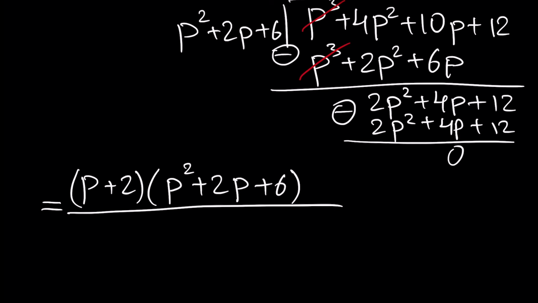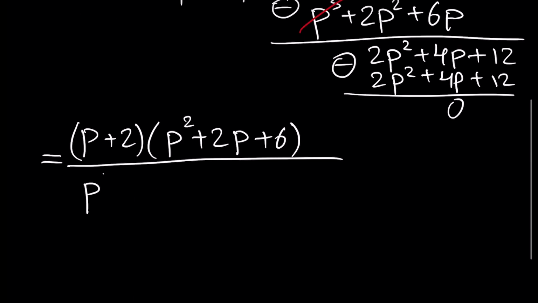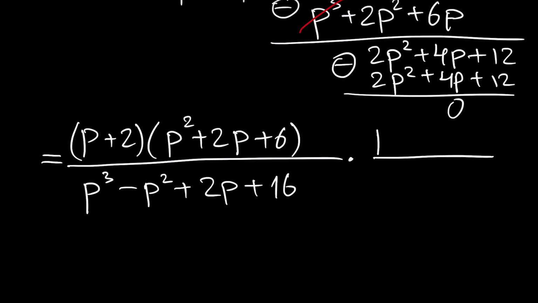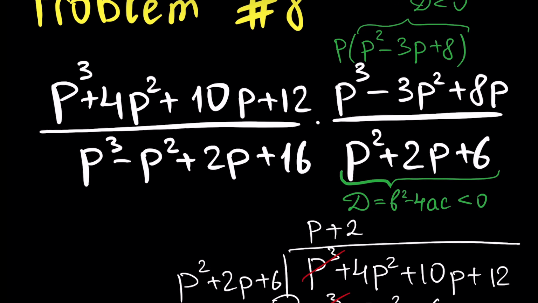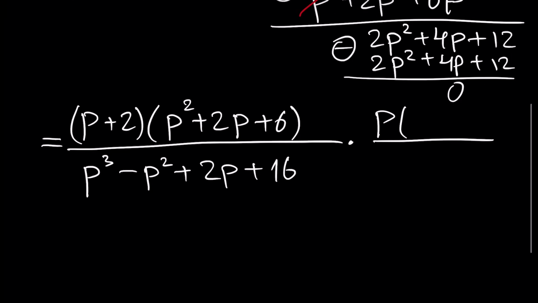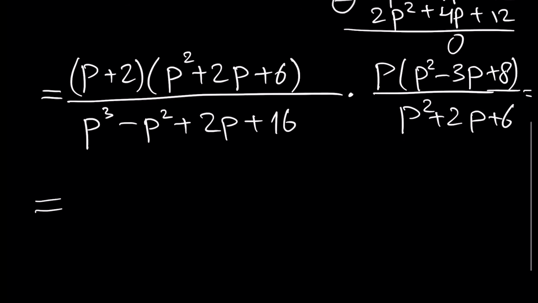And rewrite this polynomial: it will be p cubed minus p squared plus 2p plus 16 times p times p squared minus 3p plus 8 over p squared plus 2p plus 6. And great, now we can see that we have cancellations here.